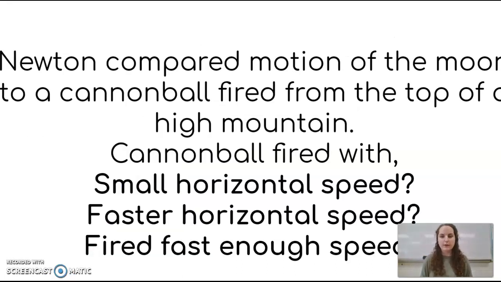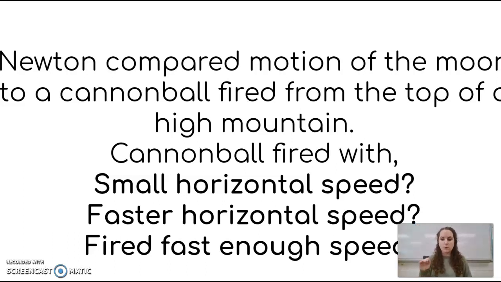So Newton compared the motion of the moon to a cannonball fired from the top of a high mountain. If the cannonball was fired with a small horizontal speed, then it's going to follow a parabolic path just directly to the ground, right? It's going to zoom off a little bit and then it's going to go directly into the ground.